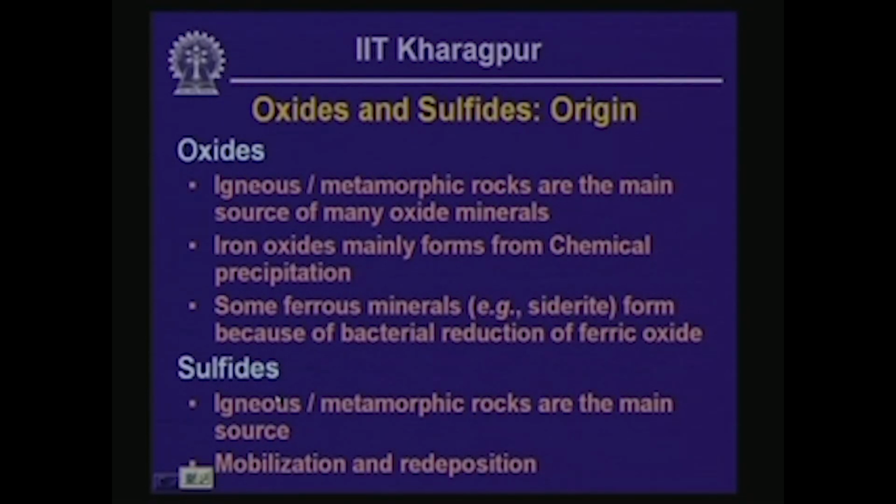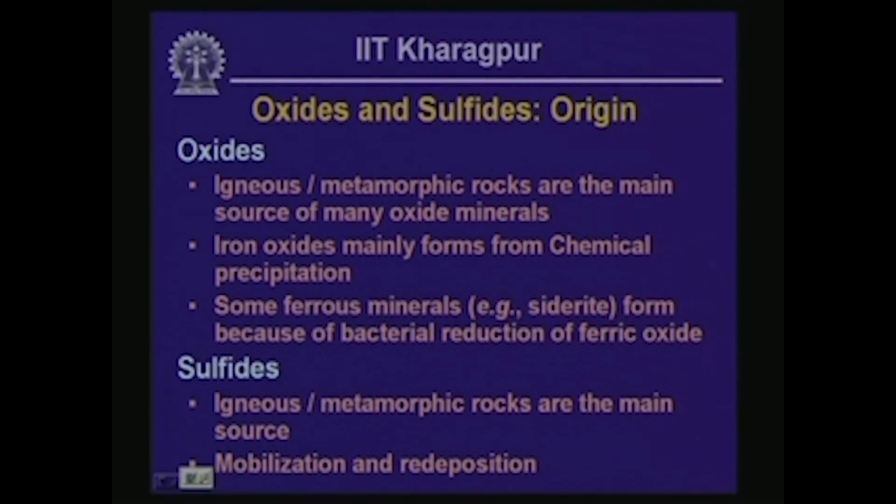Now, we look at the origins of oxide and sulfide minerals. Oxides form out of igneous or metamorphic rocks, from volcanism; this is the source of many oxide minerals. Iron oxide forms out of chemical precipitation.